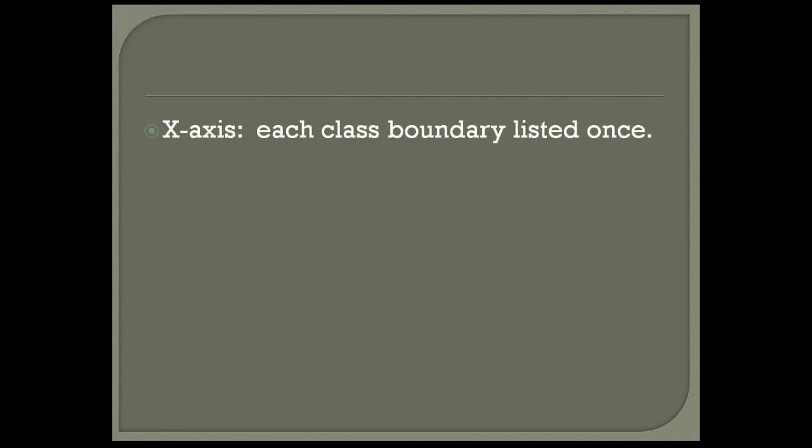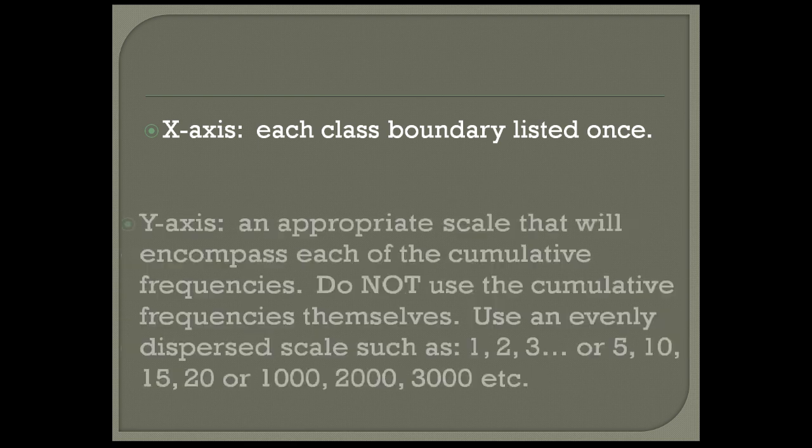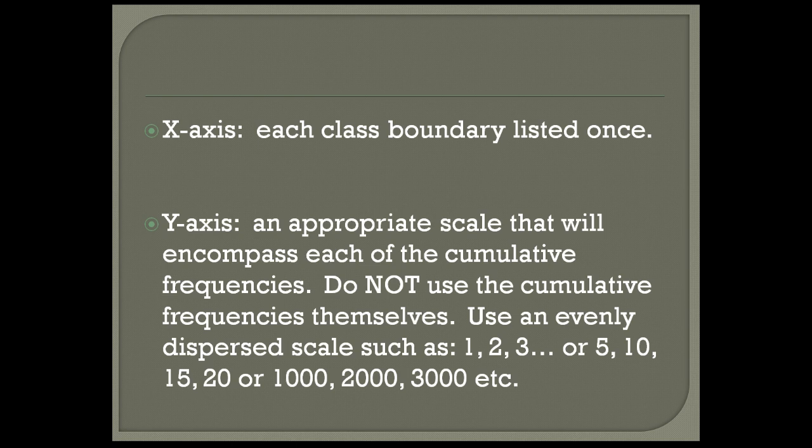On the x-axis, you take the class boundaries and list each one once, starting with your lowest lower class boundary. On the y-axis, you create an appropriate scale that will encompass each of your cumulative frequencies. However, you don't use the cumulative frequencies themselves, because this would not give you an evenly dispersed distribution.